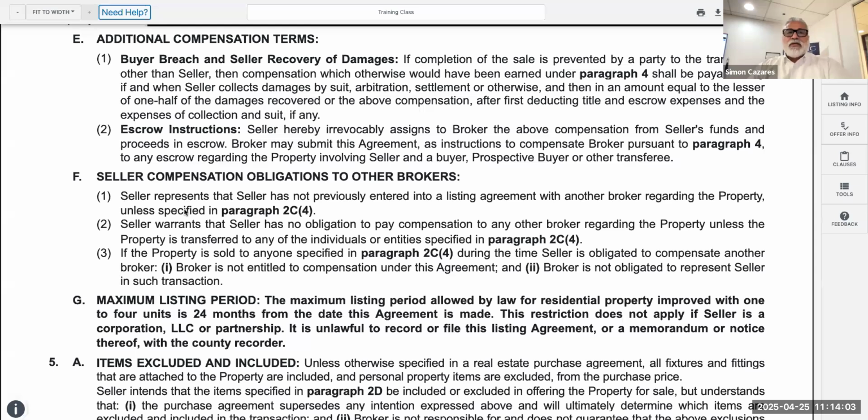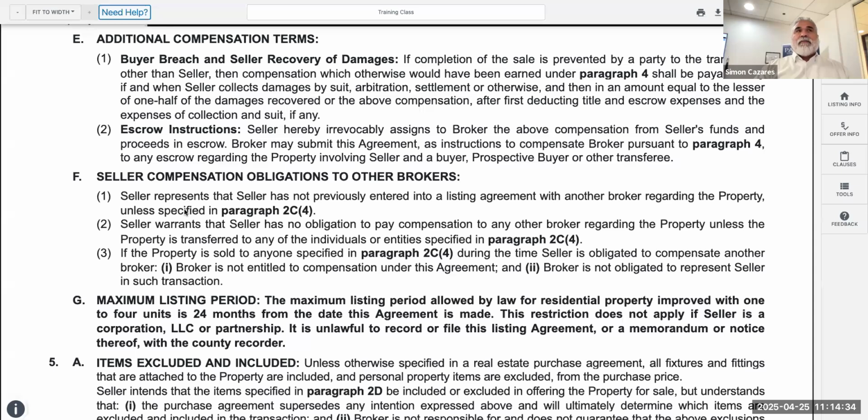So what this basically states is that, hey, I'm just disclosing to you that I'm protecting myself because I don't want to pay additional compensation. I'll pay you if you bring me a ready, willing, and able buyer, but I'm not going to pay you if I have to still pay my previous broker because that buyer came back and bought it.